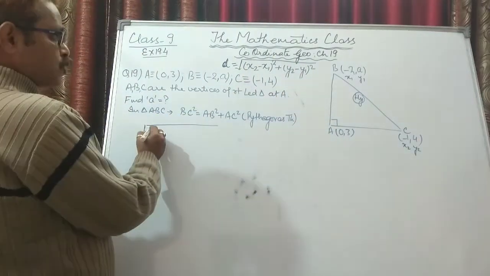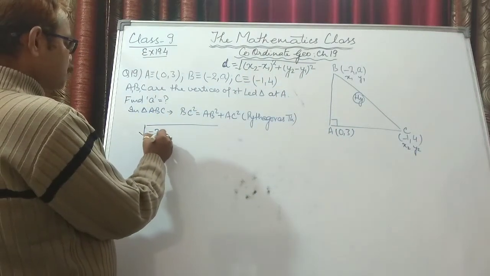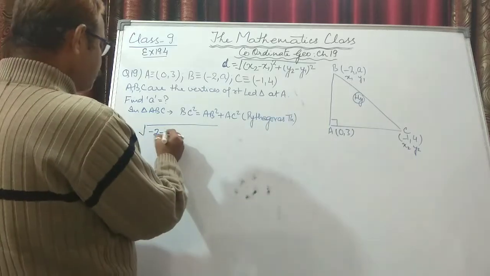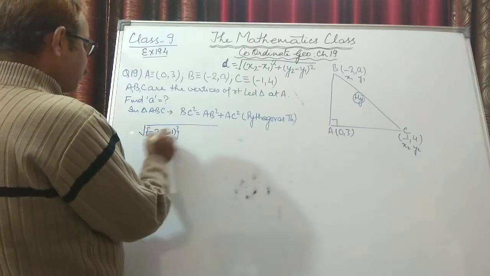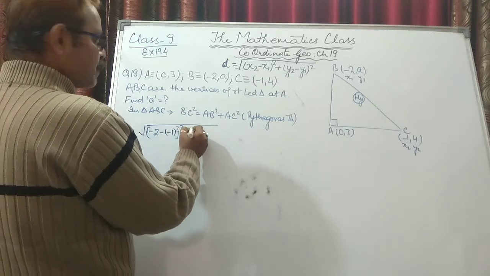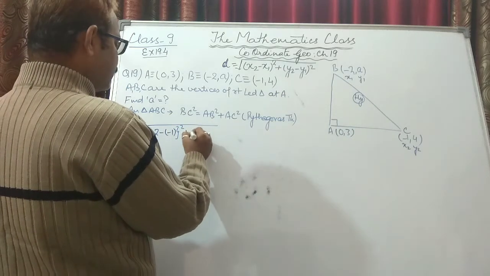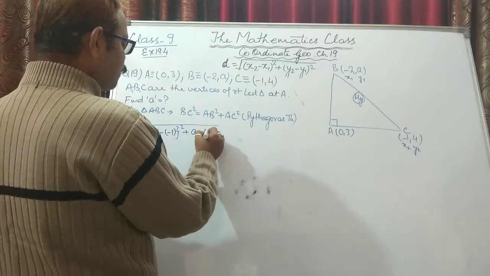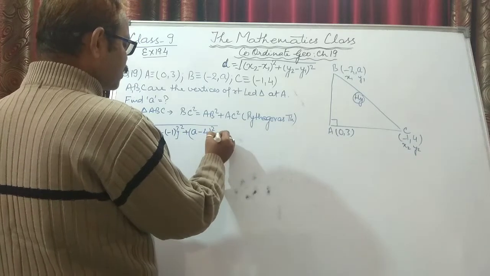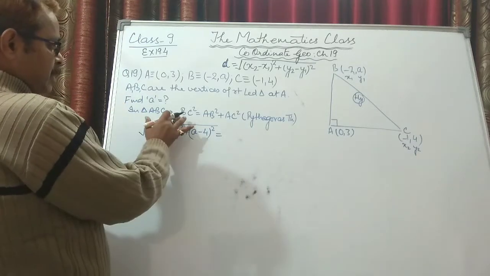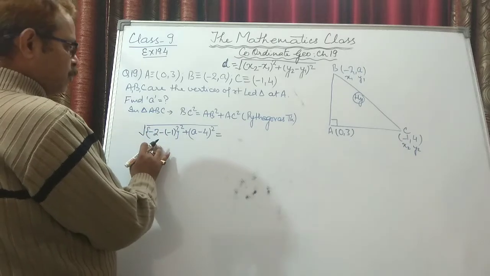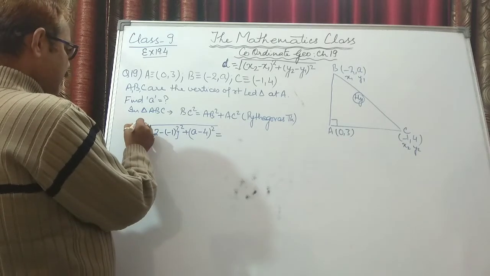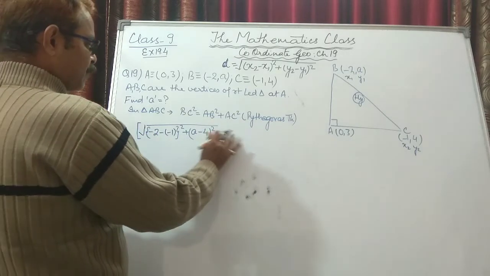So x1, that is minus 2, minus x2, which is minus 1, so minus 2 minus of minus 1 whole square, plus y1, which is a, minus 4 whole square. This is your BC. Later on I'll be writing BC whole square.